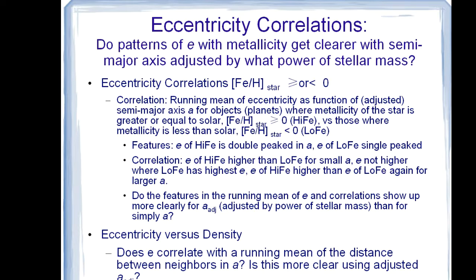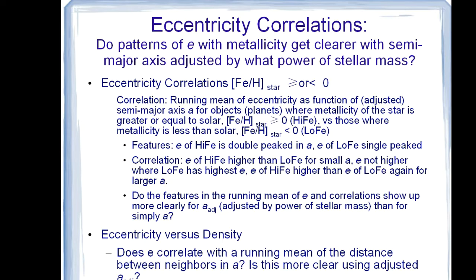Dawson and Murray-Clay found this at around the same time I did: at these short periods, the eccentricity is quite a bit higher for objects, and by objects I mean planet-star systems.